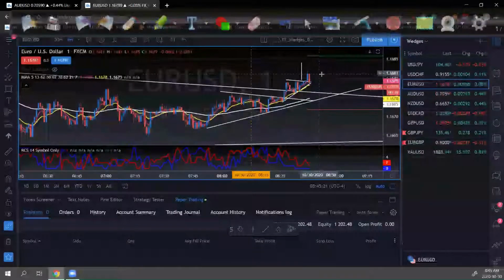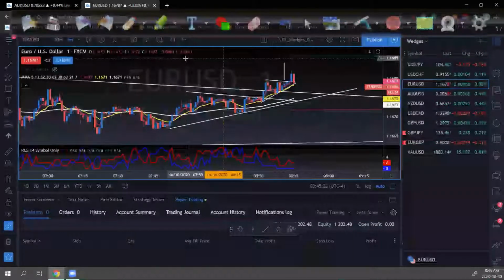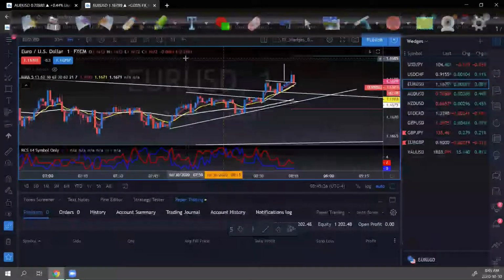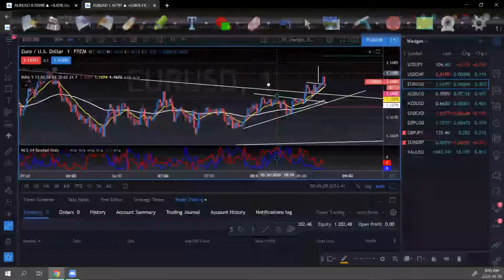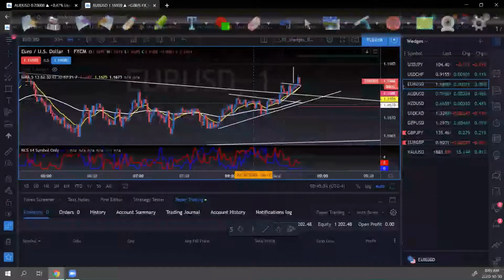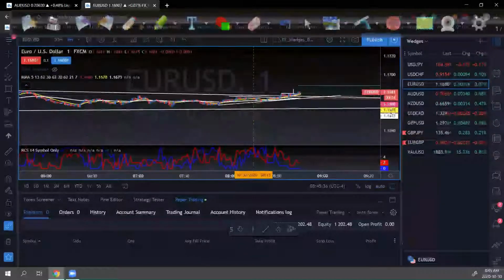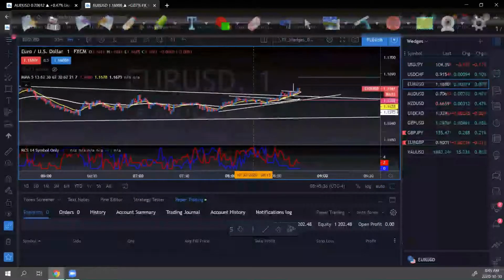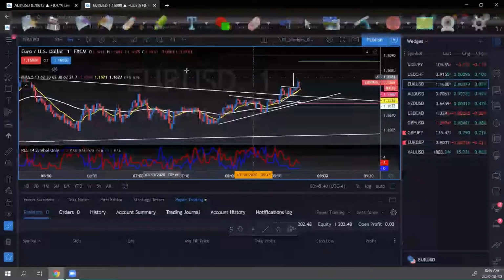That moving average is holding price. Let's see where the 62 is. Where's that? 30-minute 62, where are you? Did I turn it off?